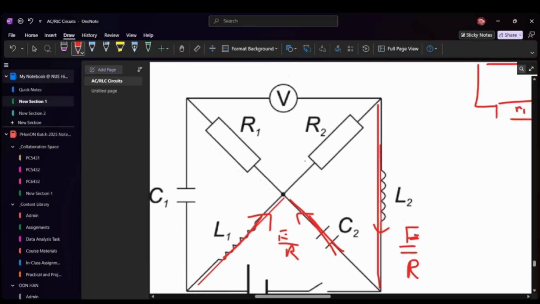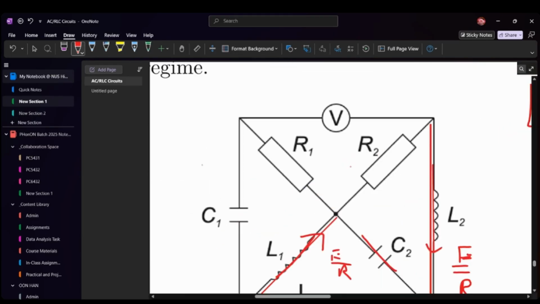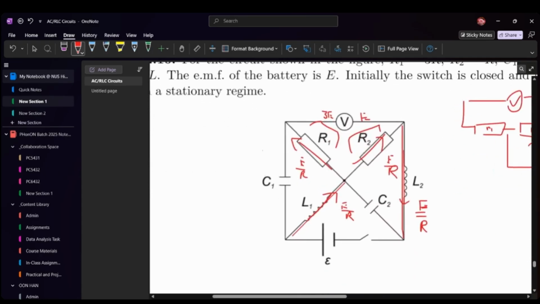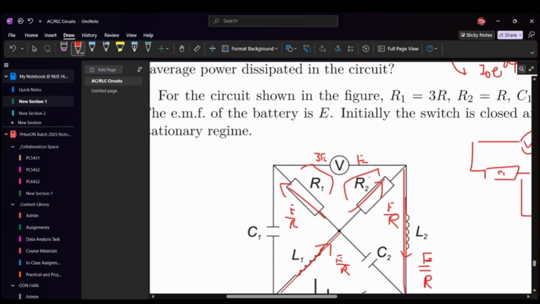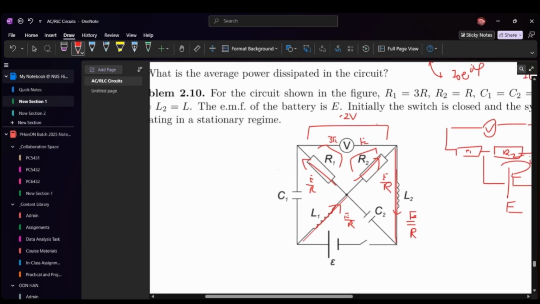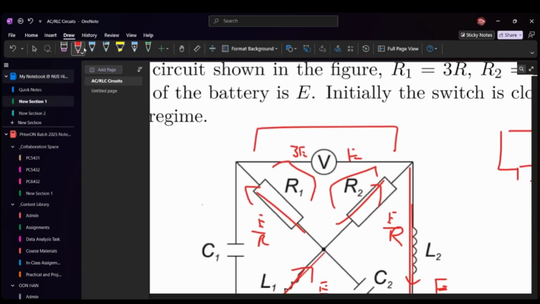We're going to have the current flowing through here to be E over R. So the voltage drop across this is E, and the voltage across this is 3E, because of the resistances, this one being 3R and the resistance here being R. That means the voltage that this voltmeter is going to display is -2E actually.